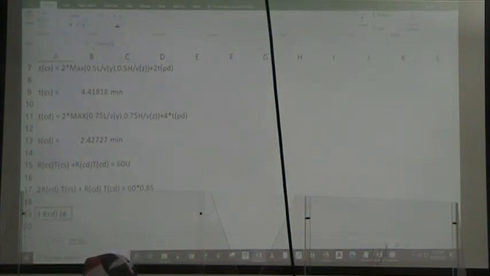Let's call it 4.42 plus 2.43. That still don't seem right. Equals 60 times 0.85.